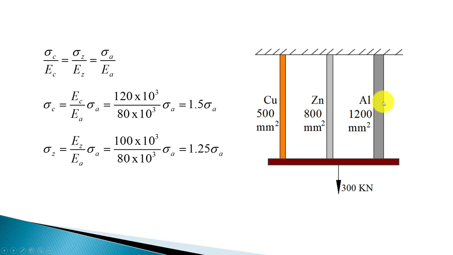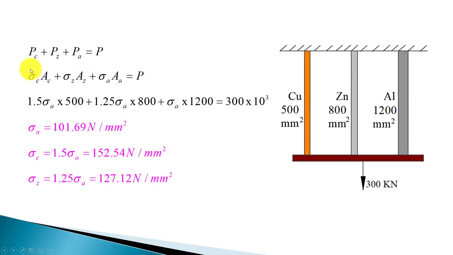So you can express the stress induced in copper and the stress induced in zinc in terms of the stress induced in aluminum. So I am getting only one variable, sigma A. Now to solve for sigma A, you can use this relation. The total load is taken by all the three rods, PC plus PZ plus PA.